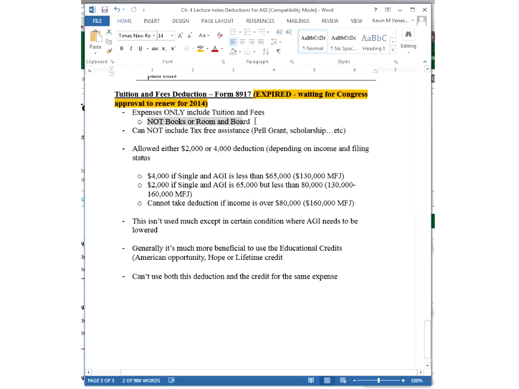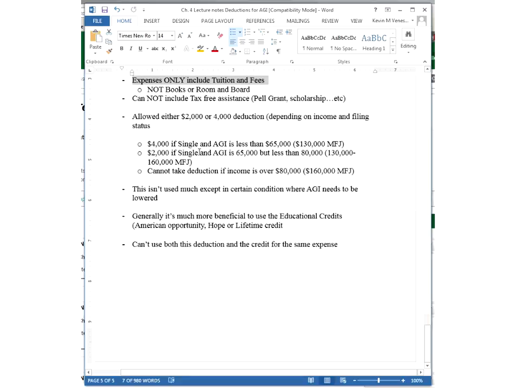So what you can do here, the tuition and fees, as long as in addition to what we'll see in a couple weeks, you're not allowed any room or board, or books. No books for this one, or the lifetime learning credit, which we'll see in a couple weeks. The only thing you're allowed is tuition and fees.